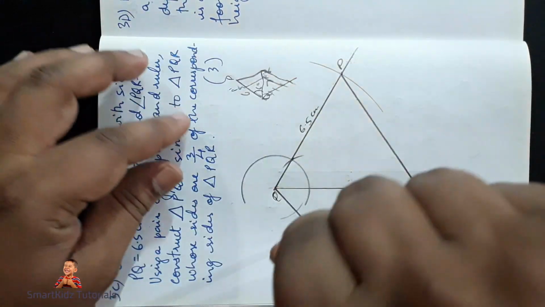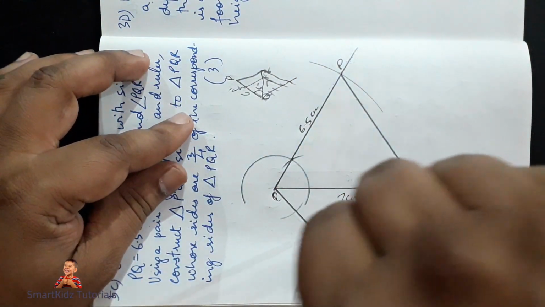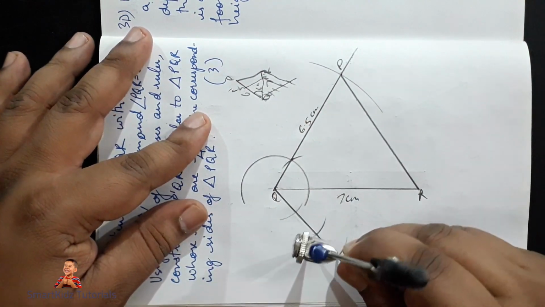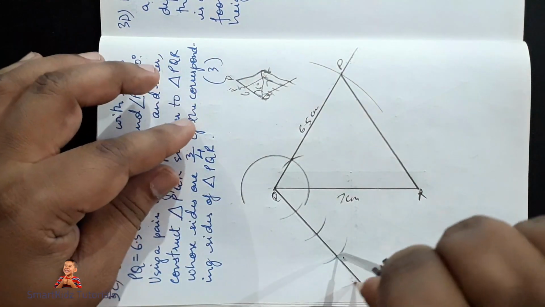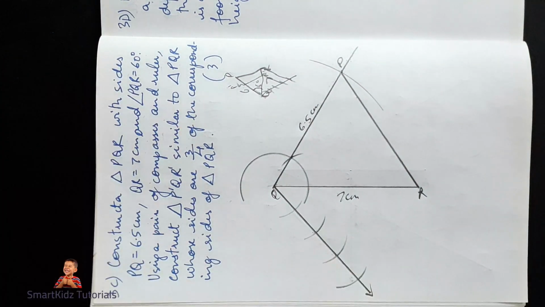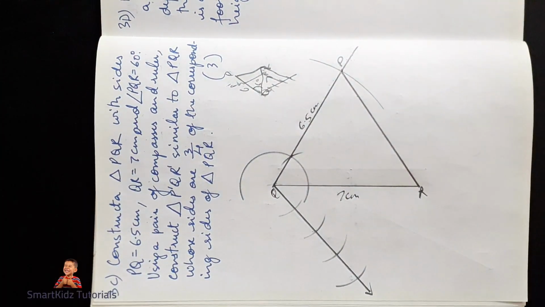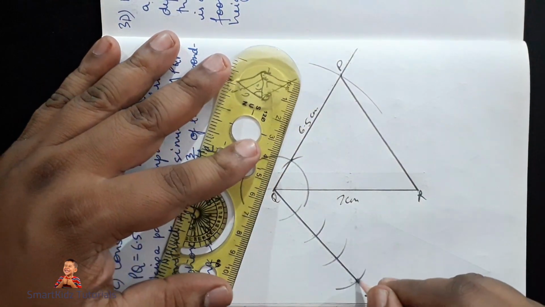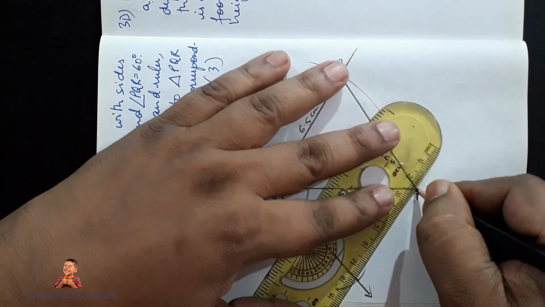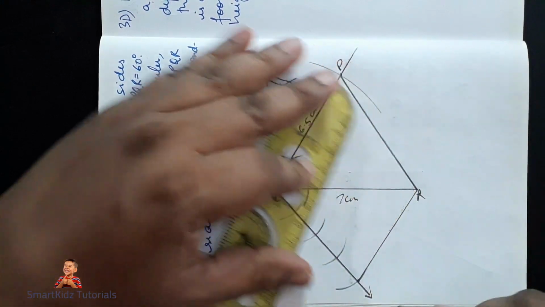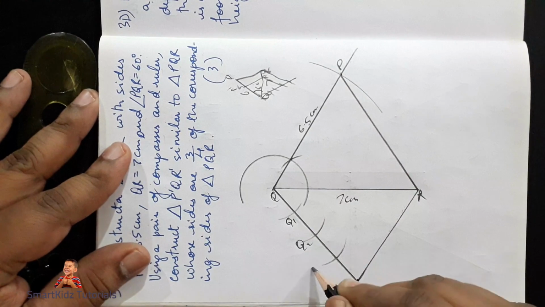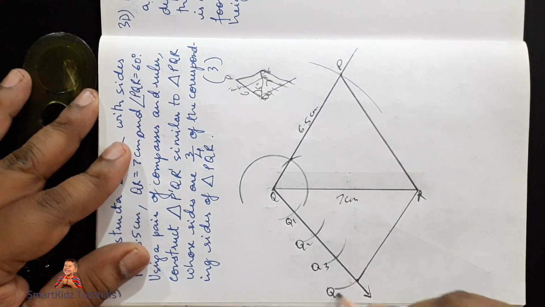We have to cut this ray 4 times, and next one is going to be here. Now where the arc cuts the 4th one, we'll join it to R. So we'll join it here. There you go. And we'll name these Q1, Q2, Q3 and Q4.